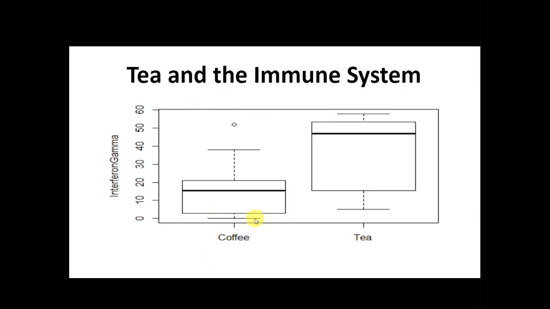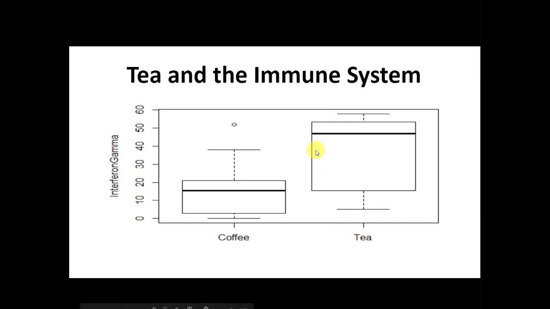The minimum value is about 0. The lower quartile is about 5. The median, I would estimate, is about 15. The upper quartile is 20. The maximum is 40. And then it's got a dot out here. What's this dot? We're going to set that aside for a second.